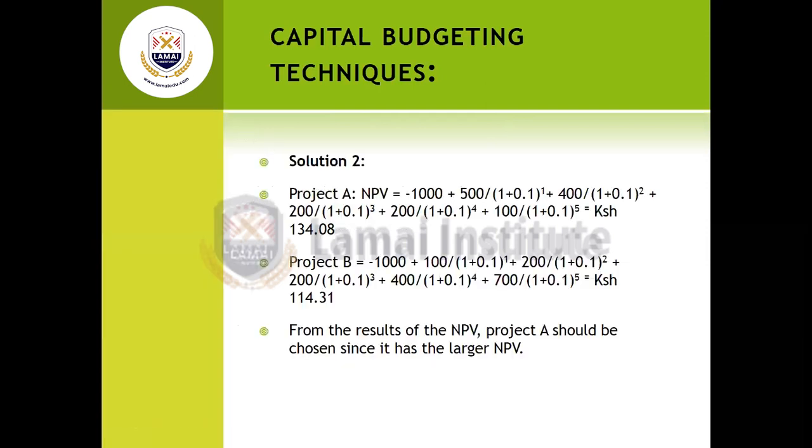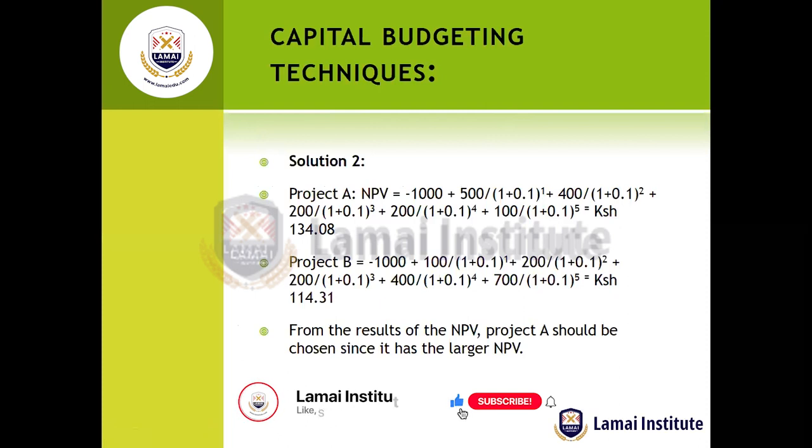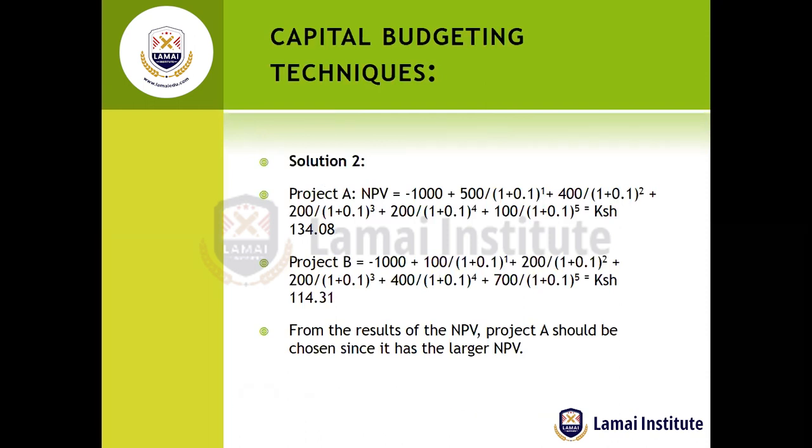So what you can see is that once you are able to calculate for A, once you total them together, you will be able to get 134.08, and once you calculate for B, you're going to get 114.31.